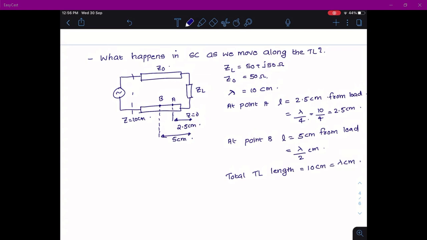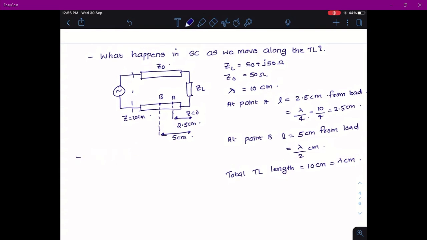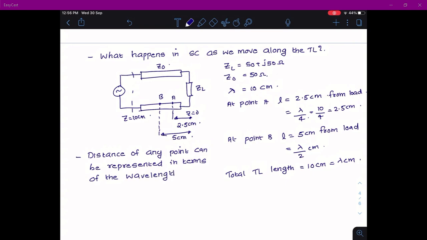Fine. So you can represent the distance of any point in terms of the wavelength of the generator.